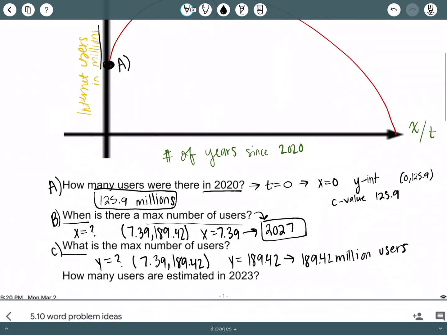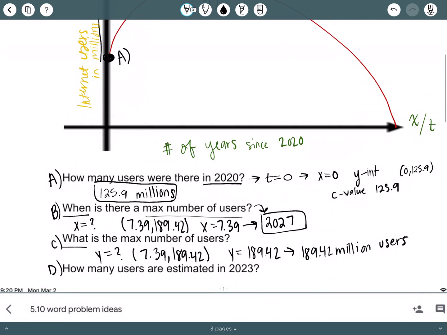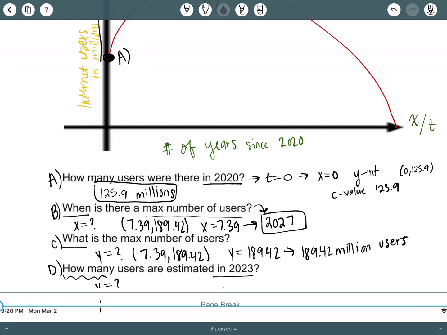All right, and the last question, question D, says how many users are estimated in 2023? So how many is a question of what y equals, and users in 2023 means that there are 3 years since 2020, so x has to equal 3.